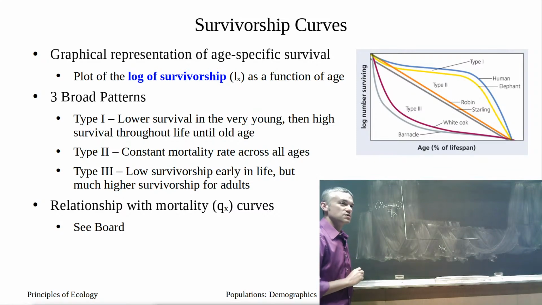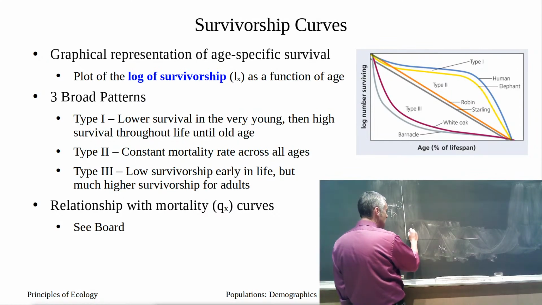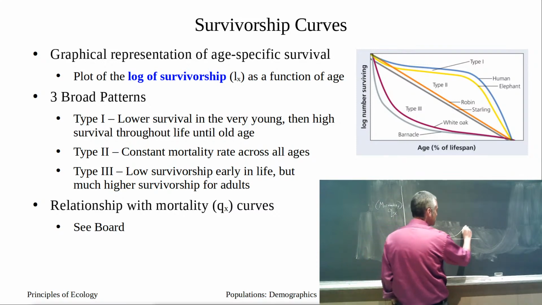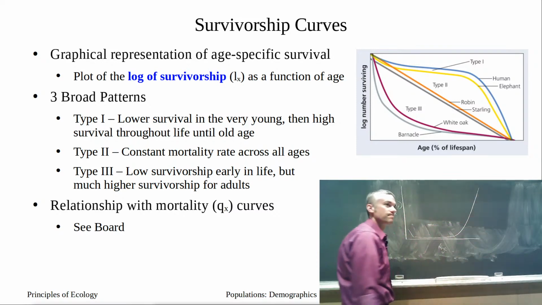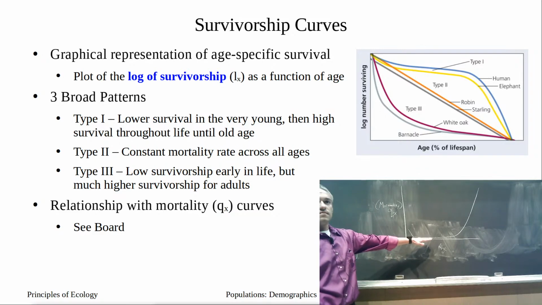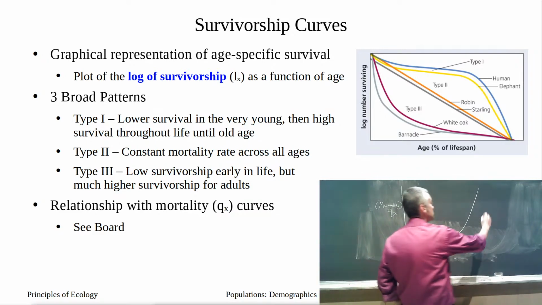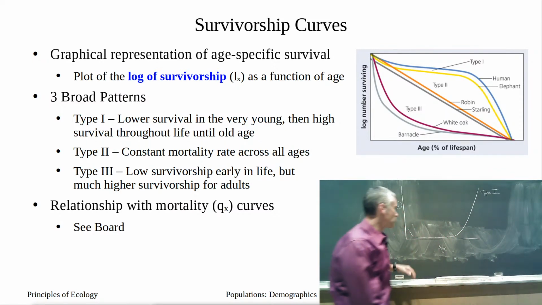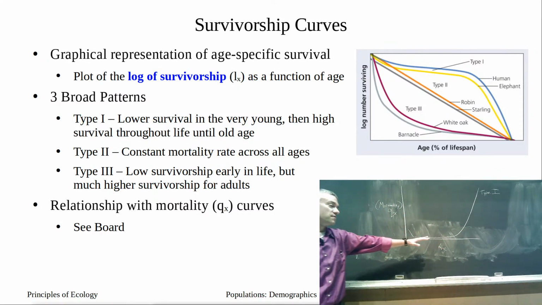A type 1 curve has higher mortality rates early in life, not too high, and then low mortality rates throughout the bulk of their life until they reach old age. That's our mortality curve of a type 1 survivorship curve. You can see mortality rates are pretty low throughout the bulk of their life.